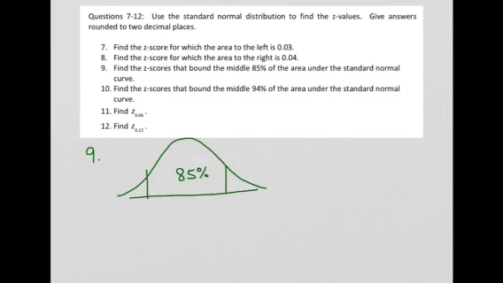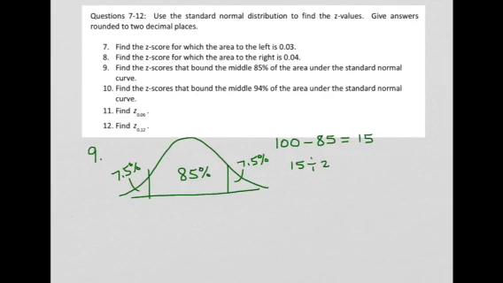And that's centered in the middle, so that means that there is, let's see, 100 minus 85 gives me 15. So there's 15% left over, but there's 2 tails. So that means there's 7.5% in the right tail and 7.5% in the left tail, because I just take the 15 and divide it by 2 to get that 7.5%.